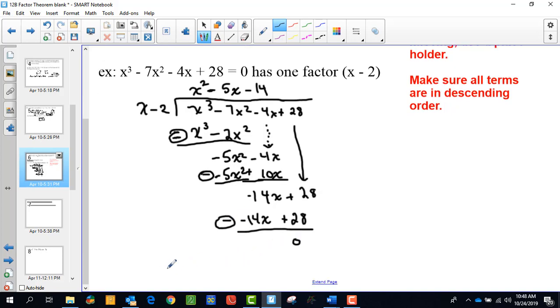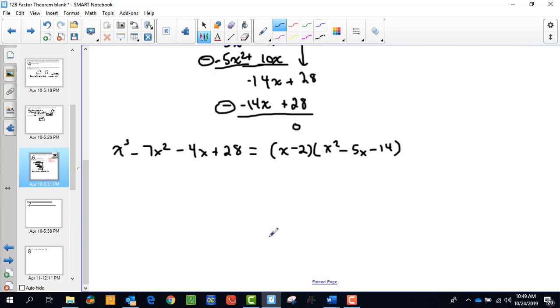So that means, in terms of what we are actually finding, that x cubed minus 7x squared minus 4x plus 28 is x minus 2 multiplied by this guy up here: x squared minus 5x minus 14.